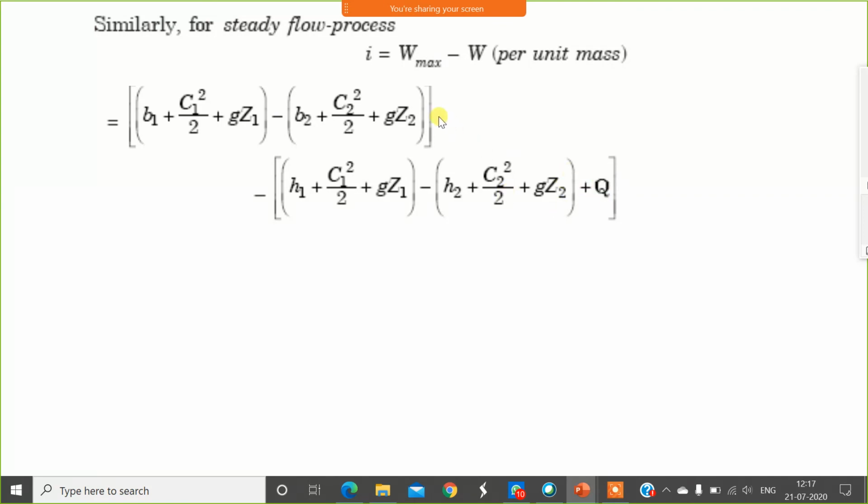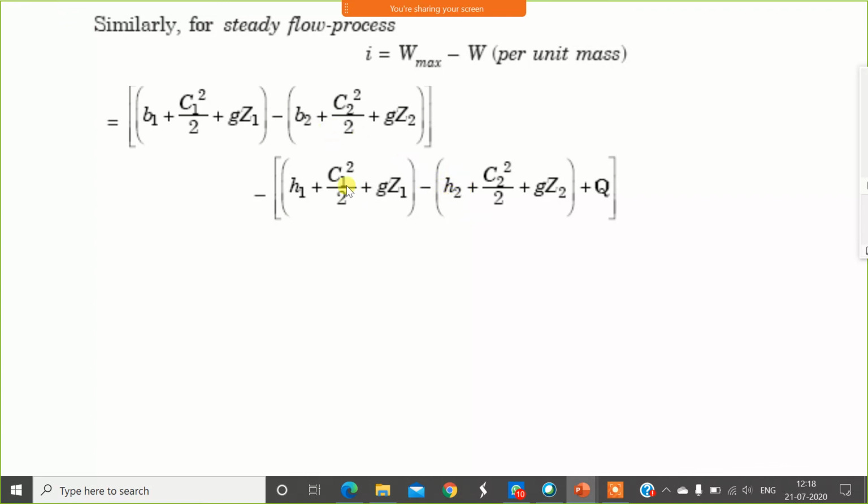Now here we are considering Q, and the B itself considers Q. Q is equal to T into delta S, and B is equal to U1 plus PV minus T0 S. Now when we simplify this equation, C1 square by 2 and C2 square by 2 get cancelled, and H1 and H2 also get cancelled. Why? Because U1 plus PV is equal to H1, and U2 plus PV is equal to H2.